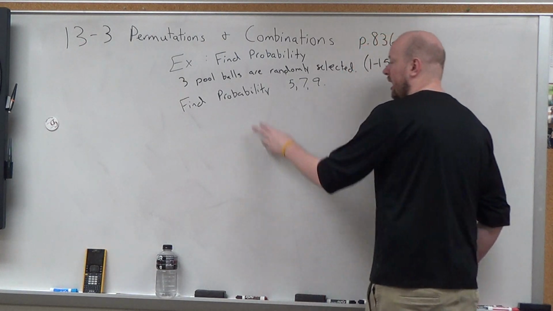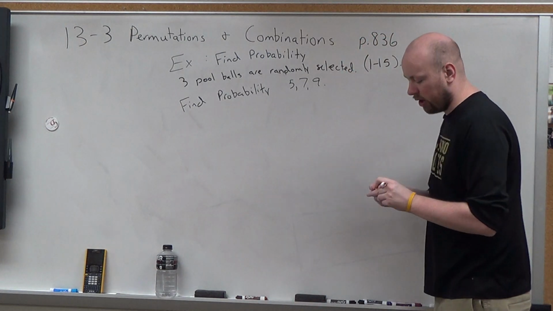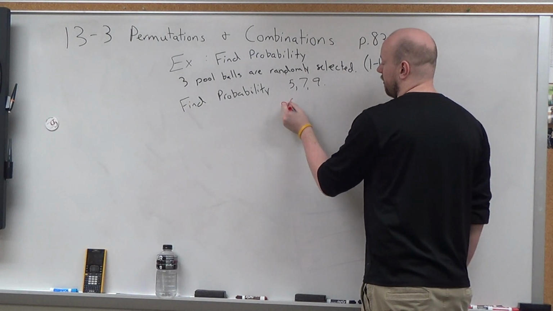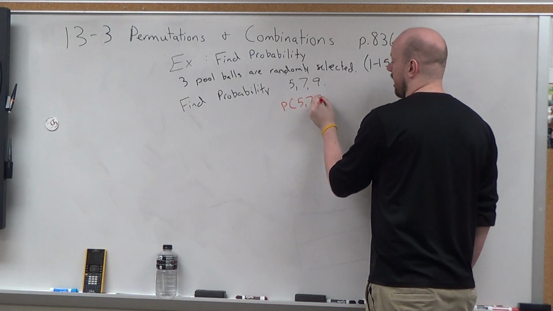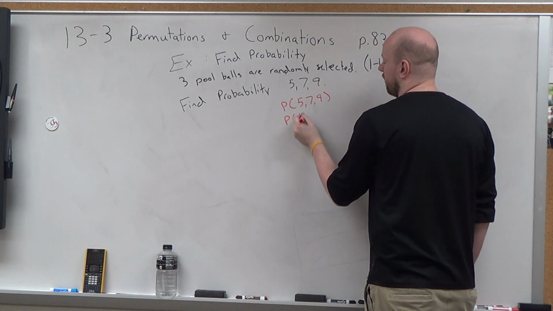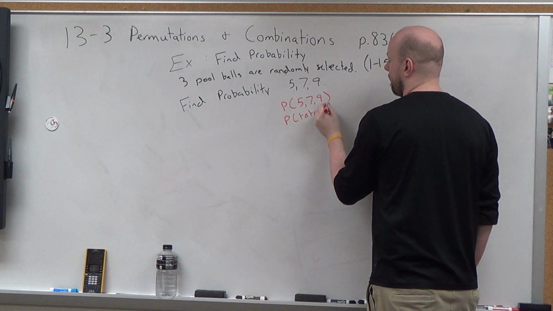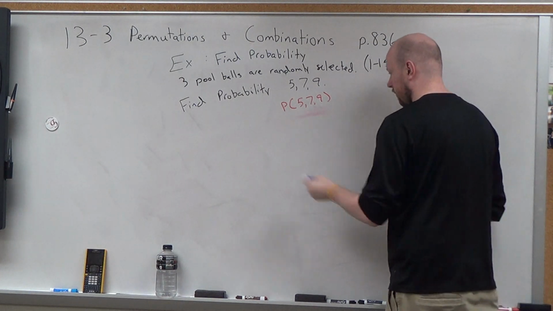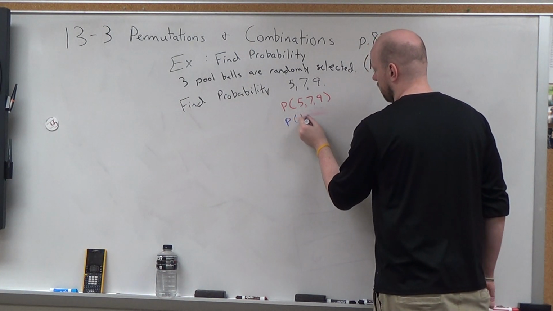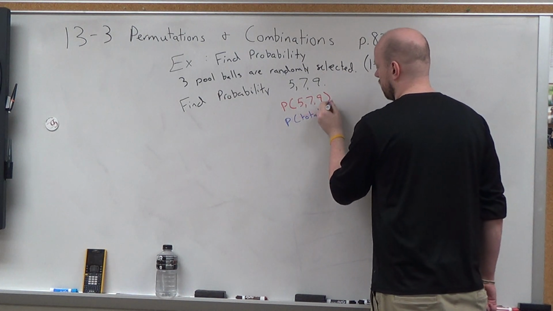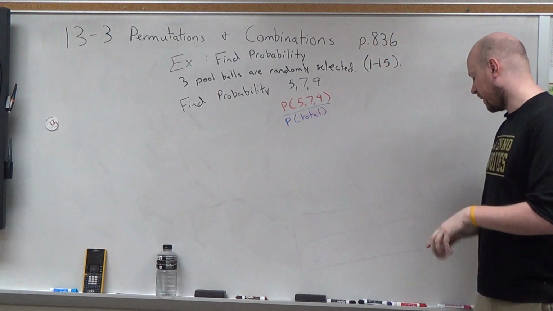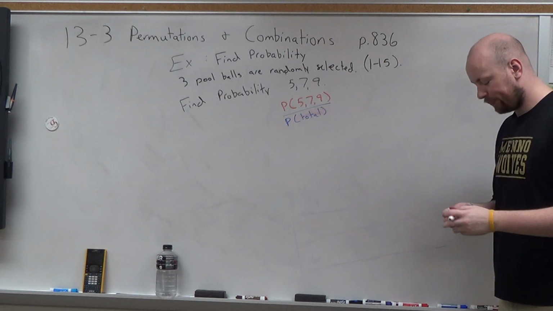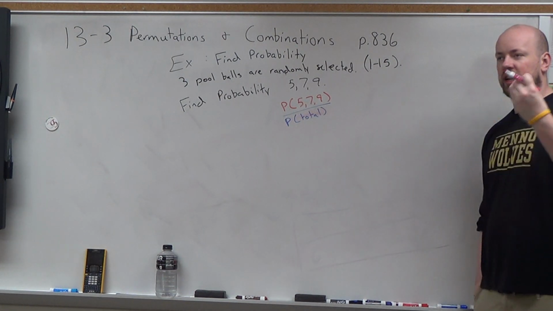So, anytime we're finding probability, we want to find our favorable outcomes over our total outcomes. So we want the probability that we select 5, 7, and 9 over the total. I want to use a different color for total just so we can keep it separate. Now if I'm randomly selecting 3 pool balls, how many different ways can I select 5, 7, and 9?